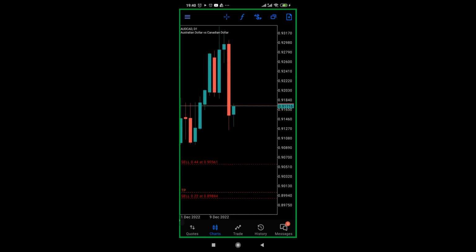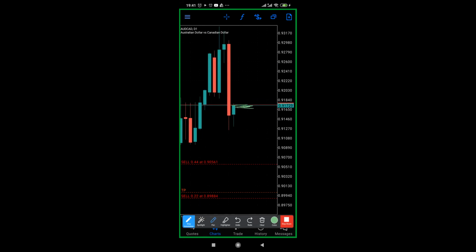Let's start with a sell limit order. Limit orders are reversal orders. For a sell limit, I want to sell at a price above the current market price. Right now, this is the current market price right here.